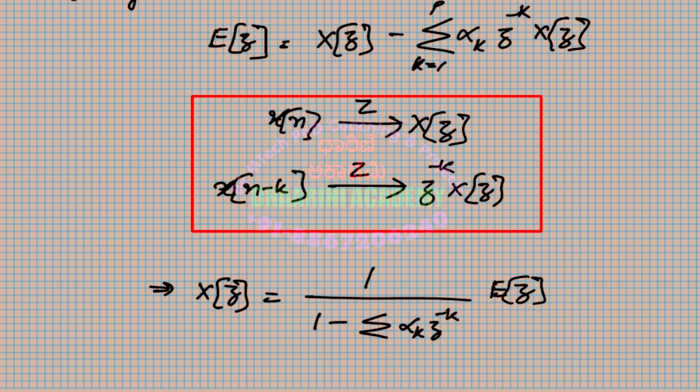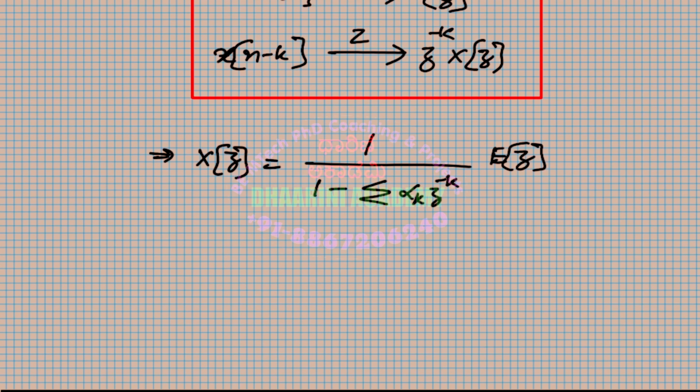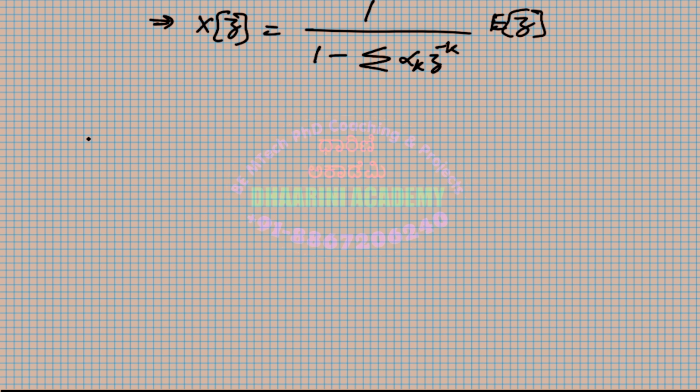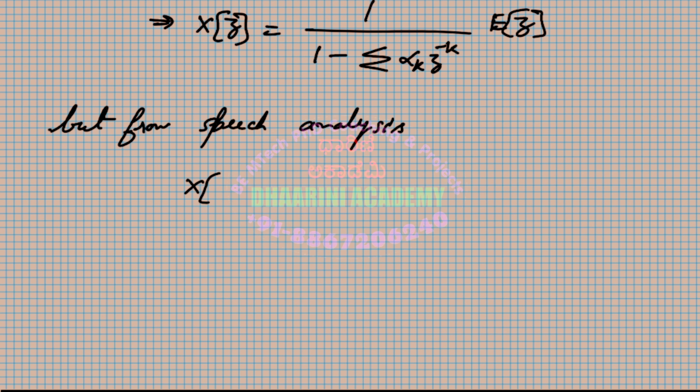Now we have another concept, right? This is again taken directly from the basic concepts related to speech. If you try to represent the speech sample, right from the speech analysis, the same speech signal x of z can be represented as, this is what we have to take from the concepts of speech signal processing, where they give an equation like this, that is equal to 1 minus the summation.